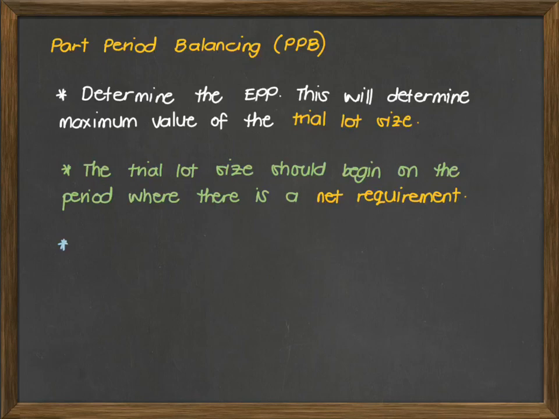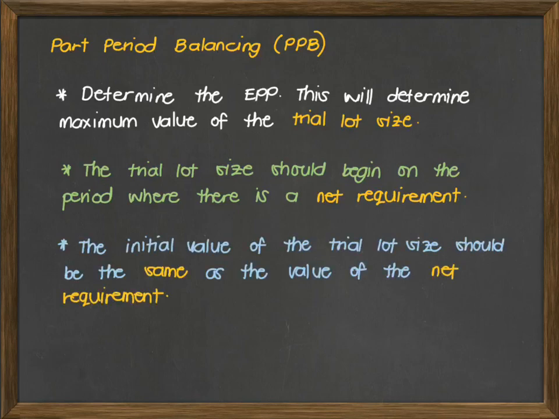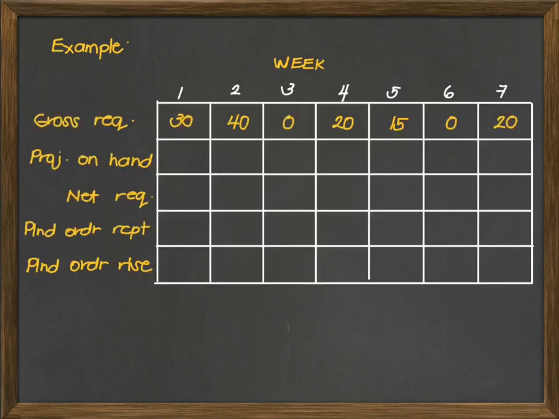The third thing to remember is that the initial value of the trial lot size should be the same as the value of the net requirement. Okay? The second and third notes are important information to always remember. Again, we start only on the period with a net requirement, and the trial lot size should be the same value as the net requirement on that specific period.